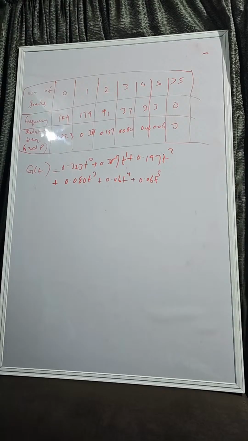Okay, somebody asked that we should please come again on what we use G of t for. So G of t is actually the probability generating function. So what does that mean? That means that we are just using a general expression to represent the probability distribution with respect to its relative frequency.